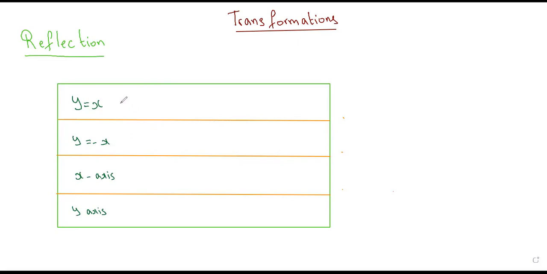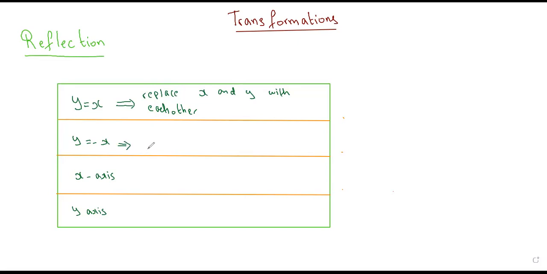In case of y equals x, we are going to replace x and y with each other. In case of y equals minus x, I'll explain this again.